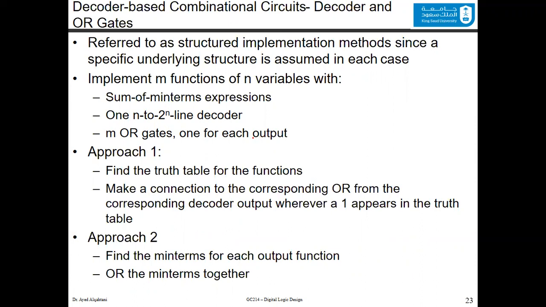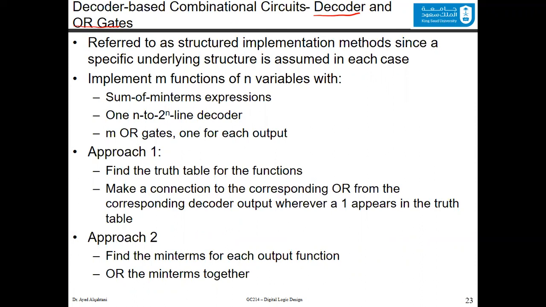So if you want to design any combinational circuit, you could either use the old design methods that we described in a previous video, or you could use a decoder to do that. To use the decoder, you have to use OR gates with it.